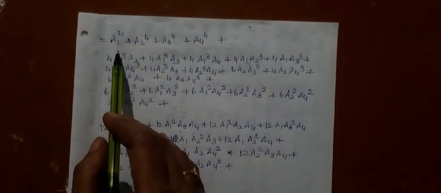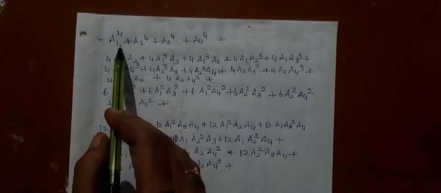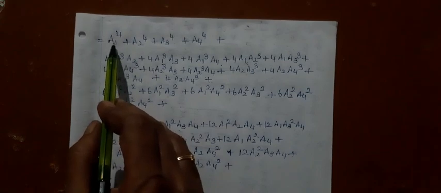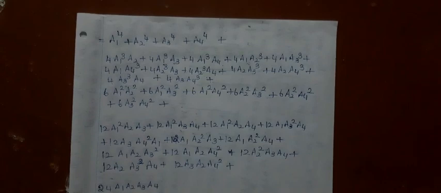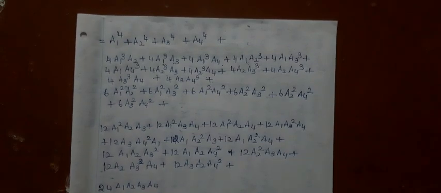Okay, now see how I am summarizing. I had 4 terms in the original question. So for each term, a1 power 4, a2 power 4, a3 power 4, a4 power 4 are added. So I get the summation over j equal to 1 to n of aj power 4. That's how I am summarizing.